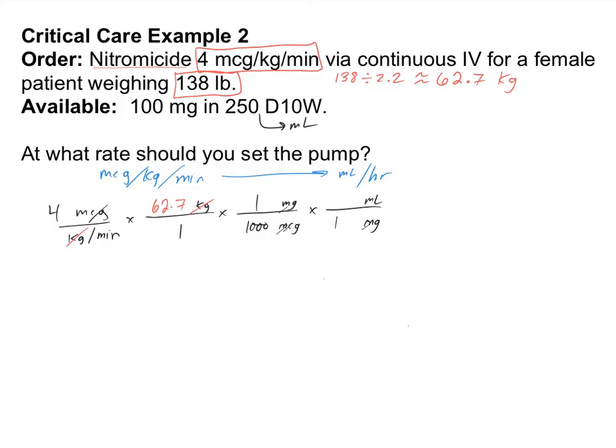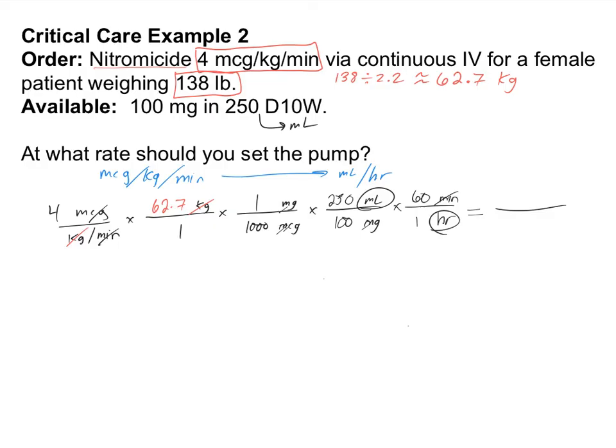We see there are 100 milligrams contained in the 250 mLs. So by multiplying by these conversion factors, I would have milliliters per minute. The last thing I need to do is to multiply by a conversion factor of minutes over hours. 60 minutes in 1 hour. We'll cancel minutes, go into hours.